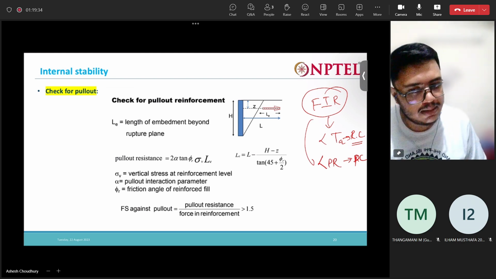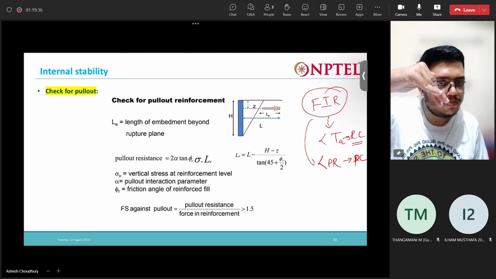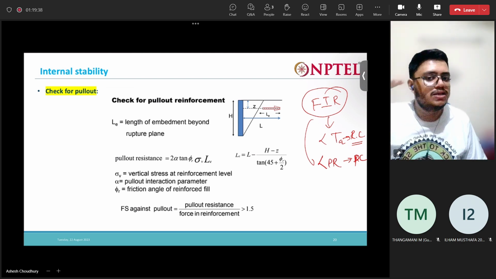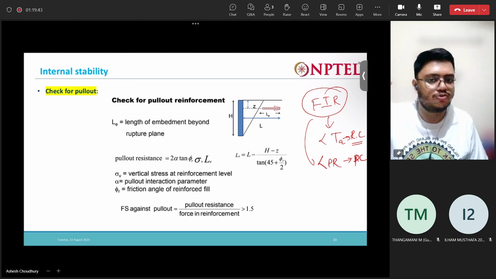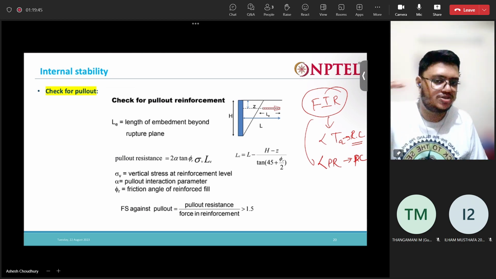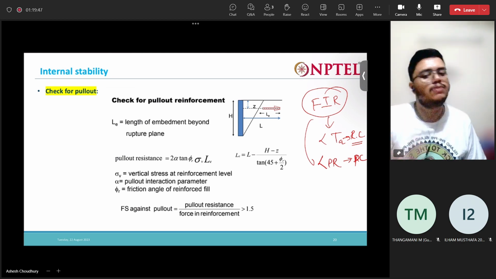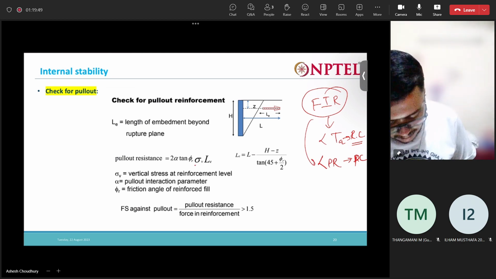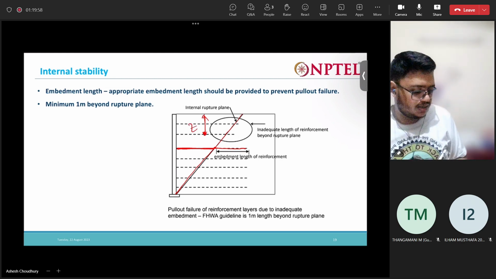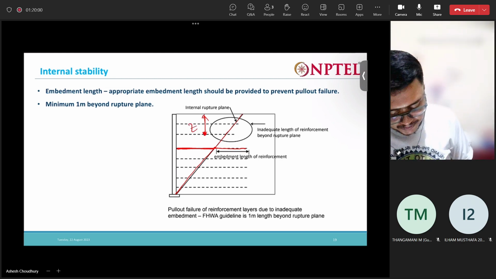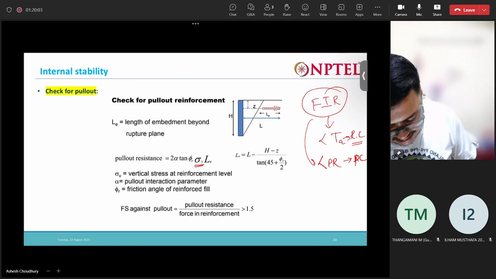Pull-out resistance is nothing but the vertical load times the friction coefficient, that will give the frictional resistance, times the length, that will give the pull-out resistance. So this sigma b is nothing but the vertical force that is coming at any level. Okay, let's say the vertical force that is coming here, it is given by sigma b times alpha tan r.